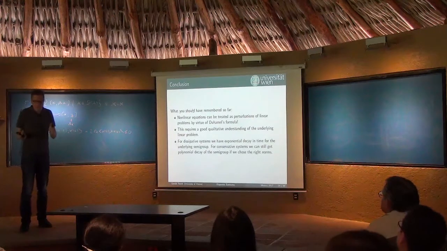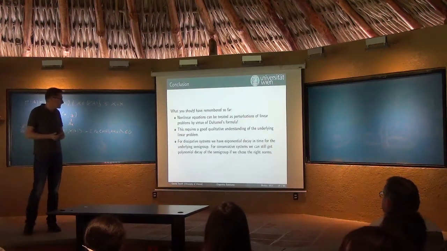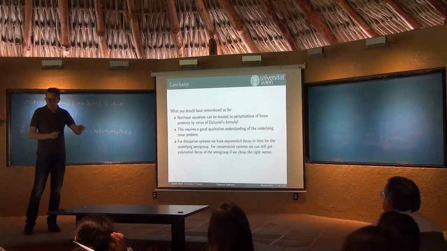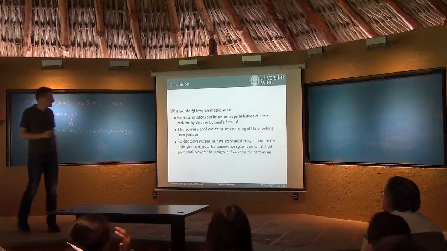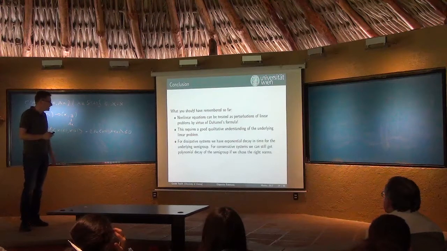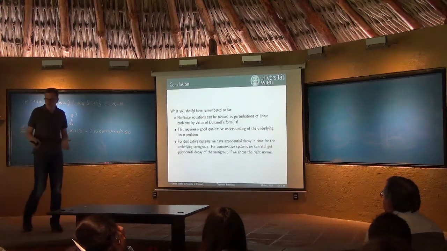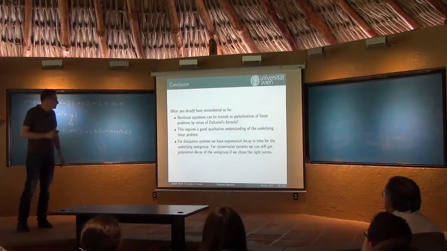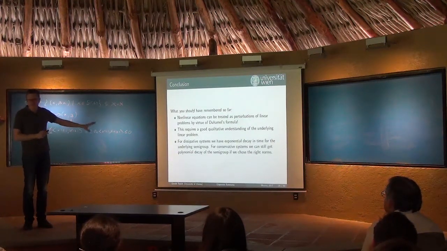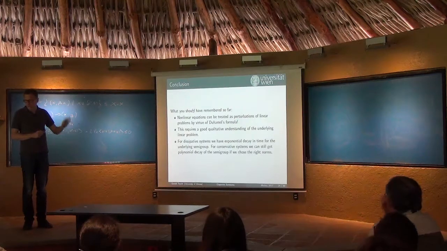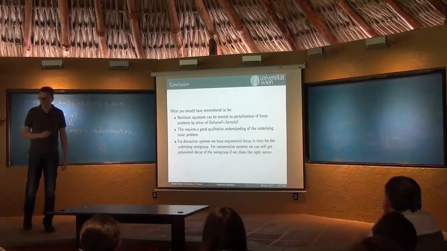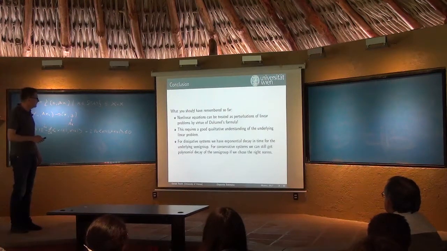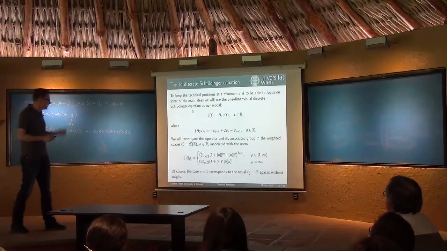And if you're looking at dissipative systems where you have exponential decay of the linear part, things are fine. This carries over to at least sufficiently small perturbations. But if you have a conservative system, so where you have no decay of the solutions, you still can get some polynomial decay if you choose the right norms in your infinite dimensional space. Okay? So these are the things I want you to remember.